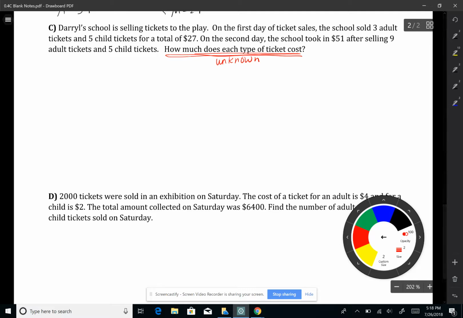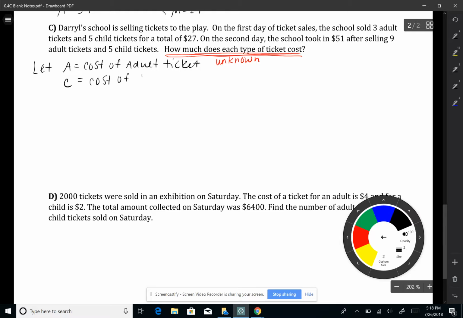So we have adult tickets and child tickets. So I'm going to use the variable A for the cost of an adult ticket and the variable C for the cost of a child ticket. All right.